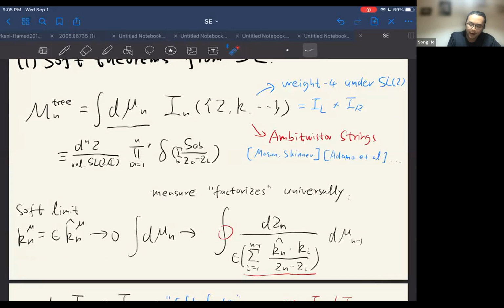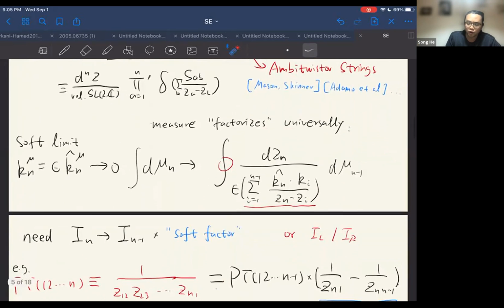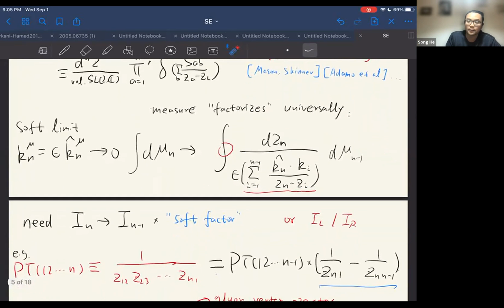By factorize, I mean the measure becomes the measure of n-1 particles with this last integration, where this integration is a contour integral: I just write the last delta function as a pole, and I need to enclose this pole. So this is independent of any theory. You just have this general soft behavior of your measure.